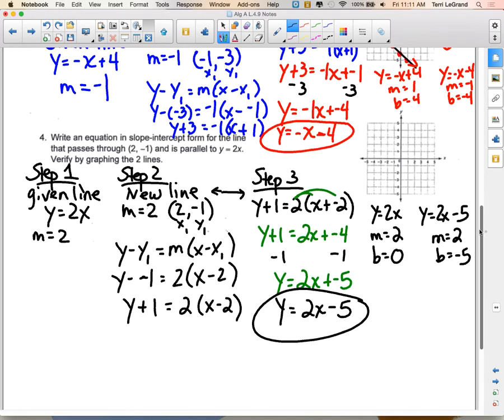Now, there's one thing we forgot to do in the last one, we'll go back and do it for both of these in just a moment. Let's let you get these graphed first.